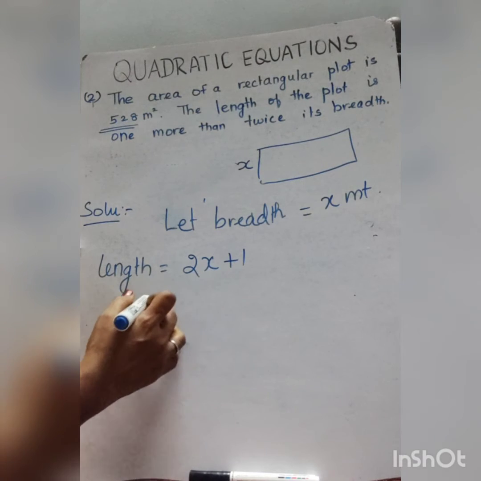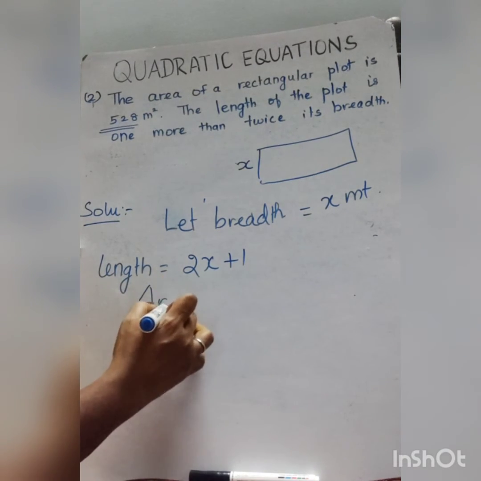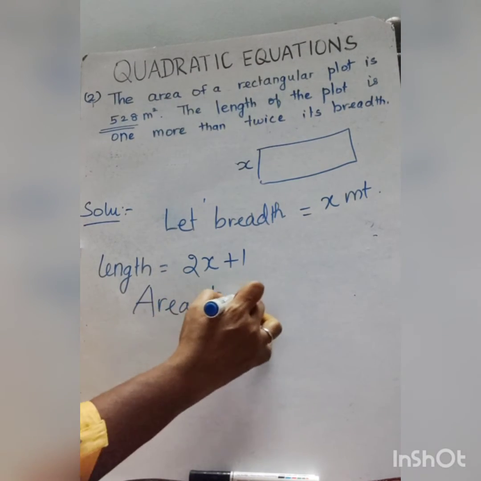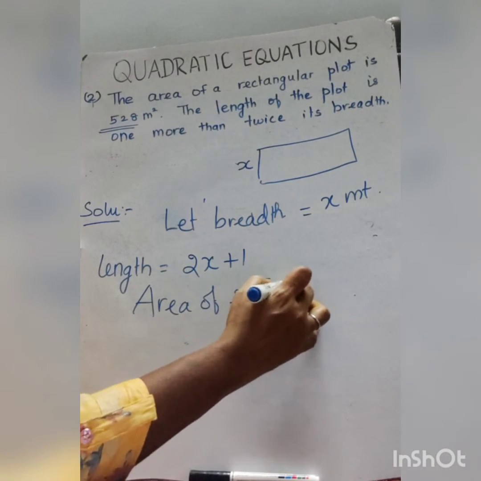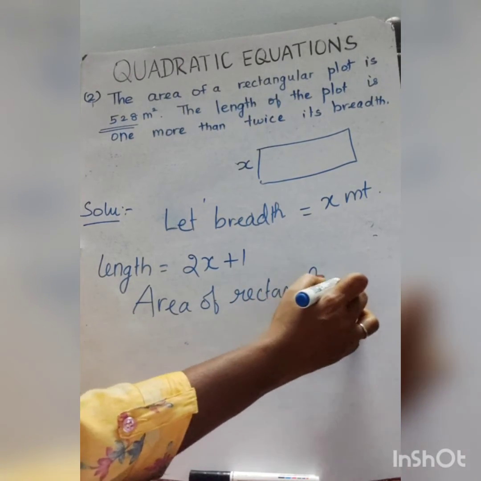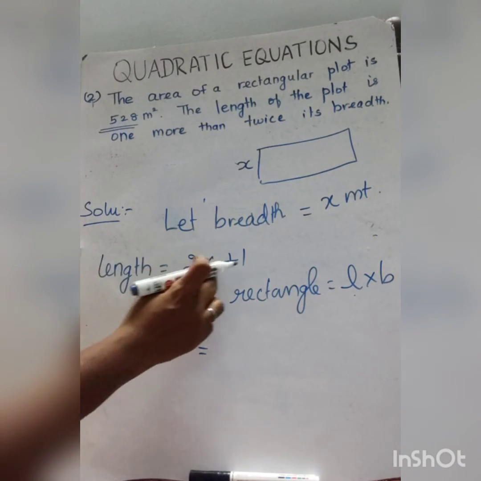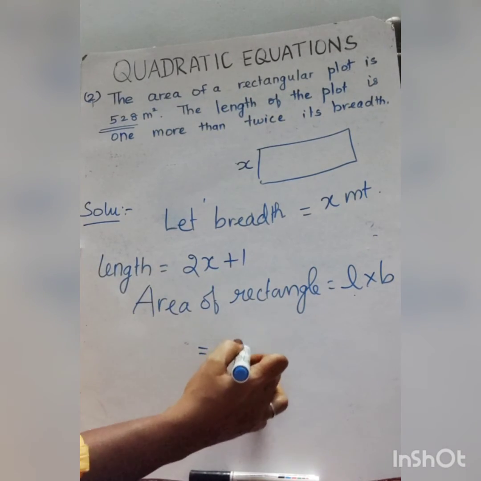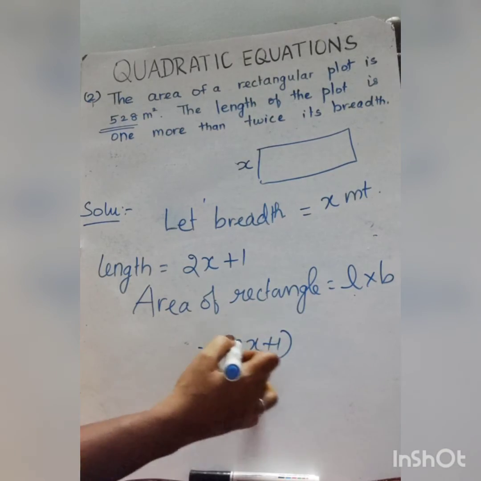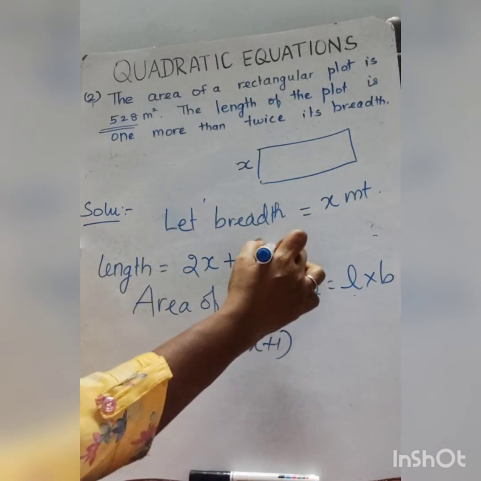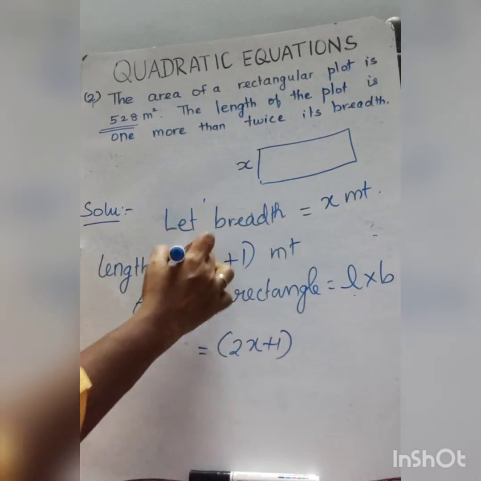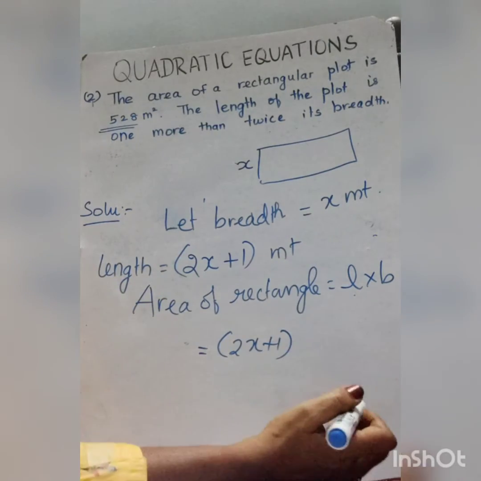For a rectangle, we know area of rectangle is L into B. So we have length as 2x plus 1 meter and the breadth as x meter.